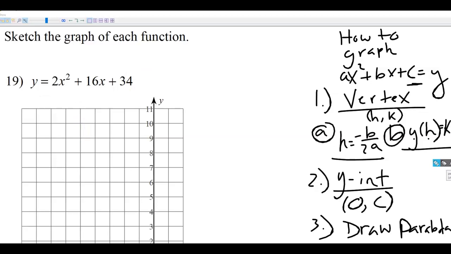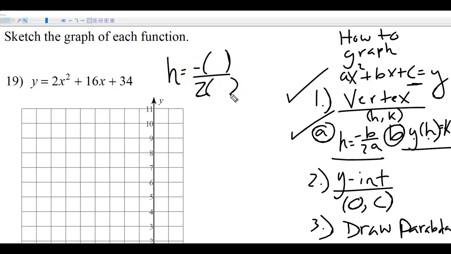So first step is I want to find my vertex. So I'm going to start off with finding h equals negative b over 2a. So my b is 16, my a is 2. Okay, so that means that h is going to be negative 16 over 4, which reduces to negative 4. I've got my h taken care of.